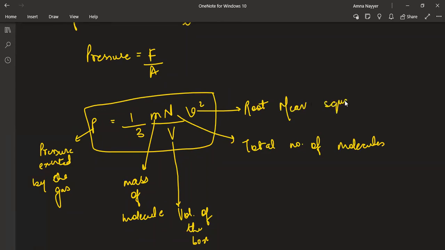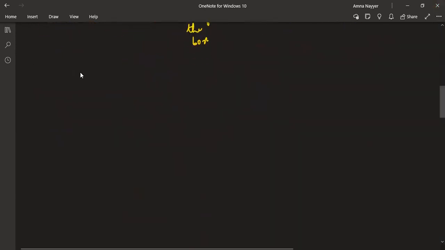Now, what is root mean square speed? We didn't do this, right? Root mean square speed or velocity, we didn't do this. What is this? So see, let's say there are so many molecules, just understand this. Let's say this is one molecule having velocity v1. This is another molecule having velocity v2, another molecule having velocity v3, v4. Let's say up till the nth molecule having velocity vn.